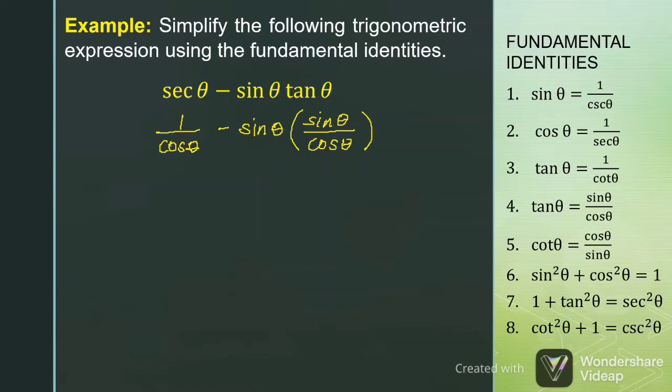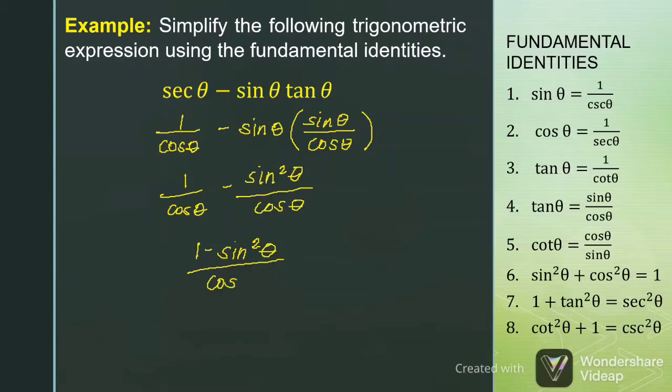So we can now copy 1 over cosine theta, then multiply sine theta times sine theta, sine squared theta, all over cosine theta. So we can combine the two terms because they have the same denominator. So we have 1 minus sine squared theta all over the common denominator cosine theta.